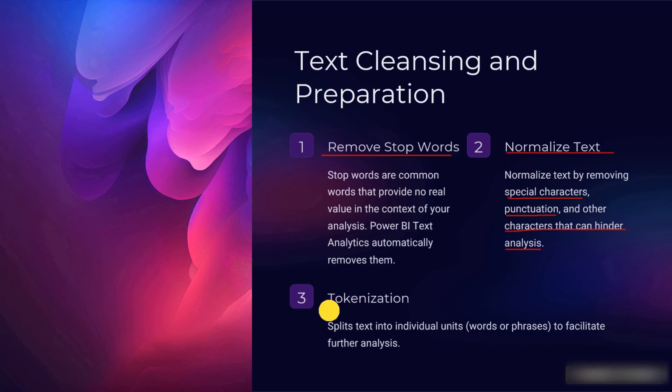Now tokenization: split text into individual units, words or phrases, to facilitate further analysis. The best thing about these cognitive services as a part of text analytics within Power BI, which we performed, is that all these three topics are proactively taken care of by the text analytics feature in the background.